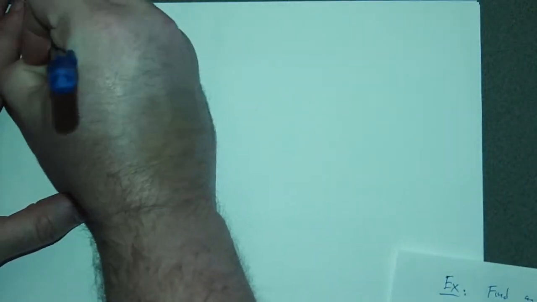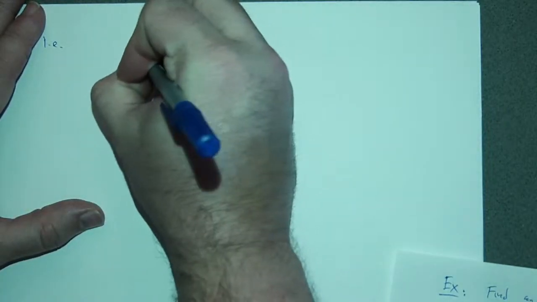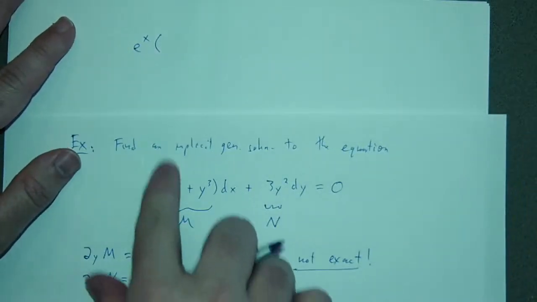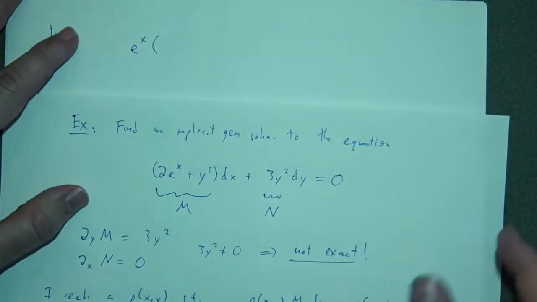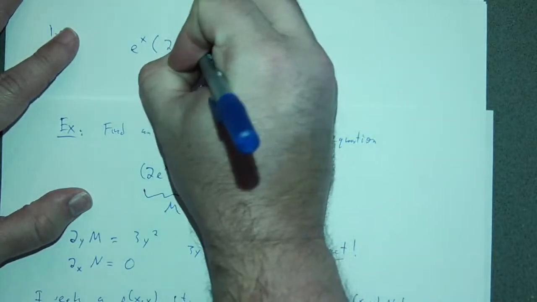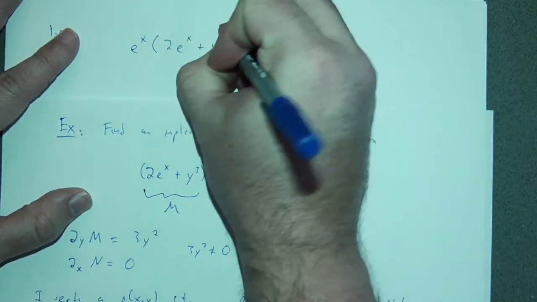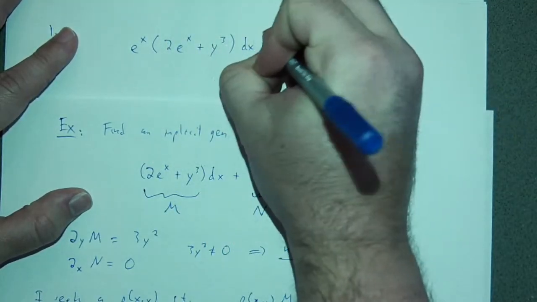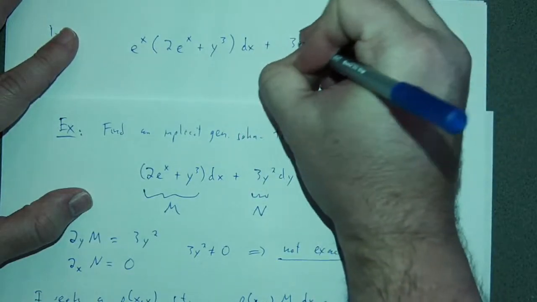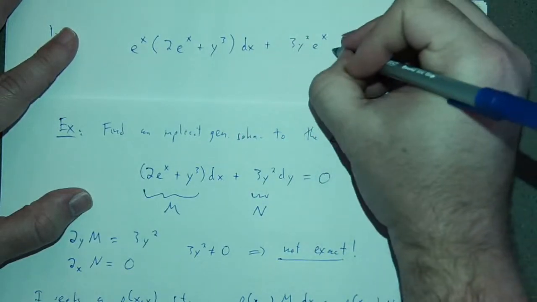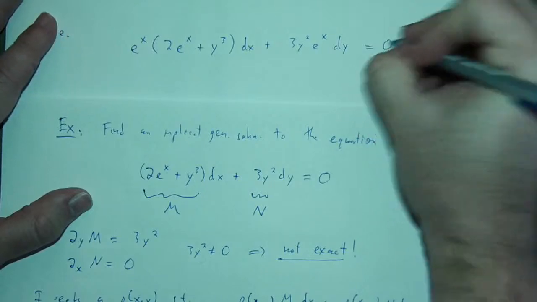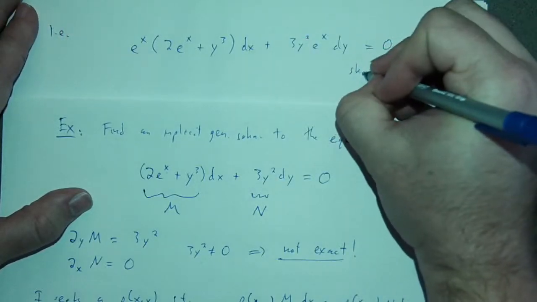So let me revisit this, and I'll verify this in a second. If I multiply both sides by e to the x, just to remind you, e to the x times (2e to the x plus y cubed) dx plus 3y squared e to the x dy equals 0 should be exact.